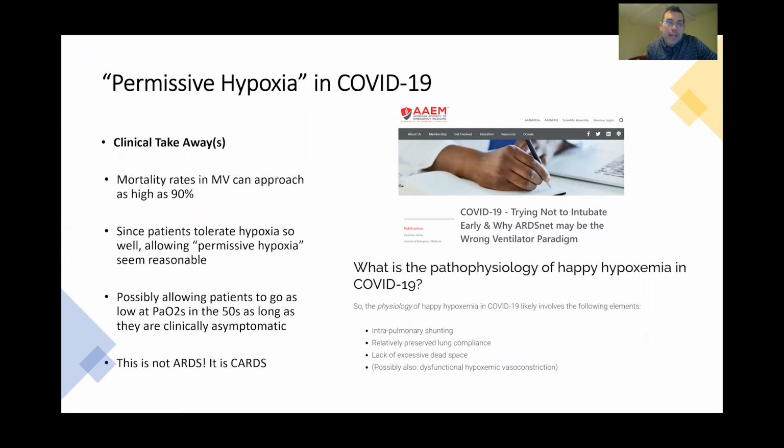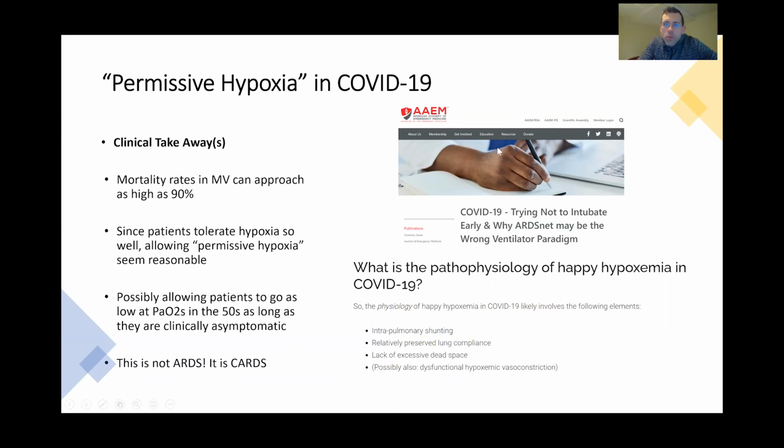So what about a concept here of permissive hypoxia? So this is interesting. So in our ARDS patients, us as critical care doctors, we're already familiar with permissive hypercapnia having beneficial effects, but now permissive hypoxia? And why is this? Well, again, these individuals appear to tolerate hypoxia incredibly well, and mechanical ventilation can have many negative effects.